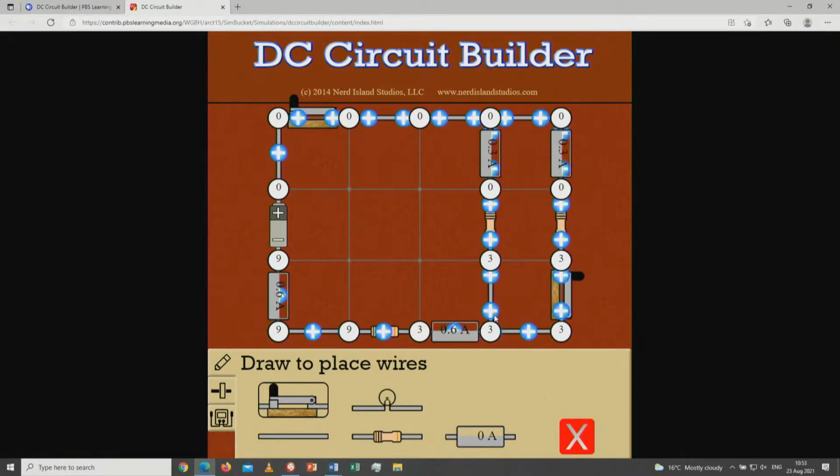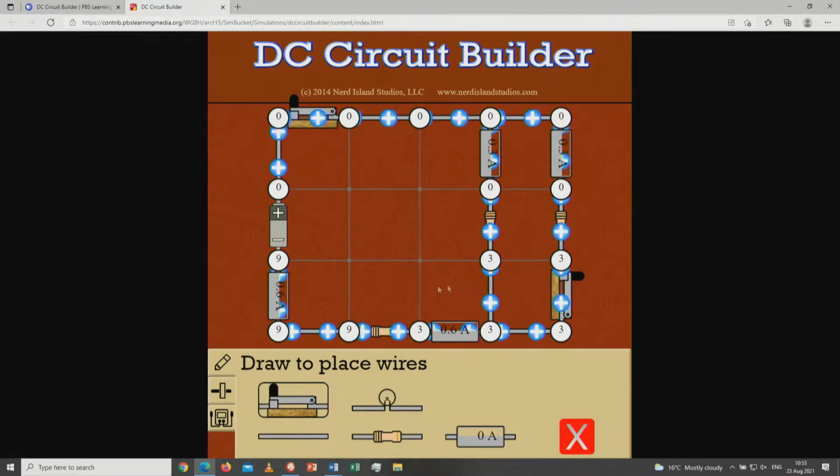Now let us see. R1 is connected, that is why we say this is a series-parallel connection. R1 is connected in series with the two resistors that are connected in parallel.